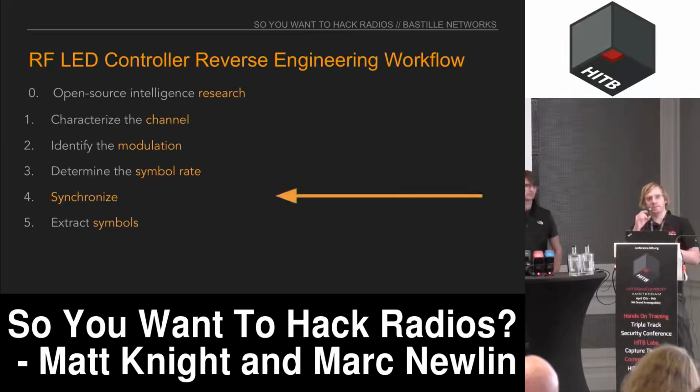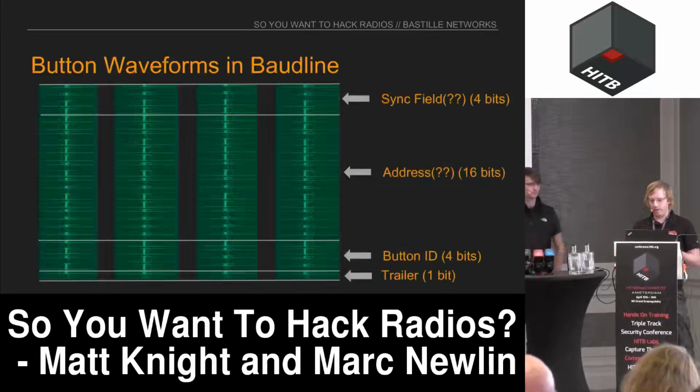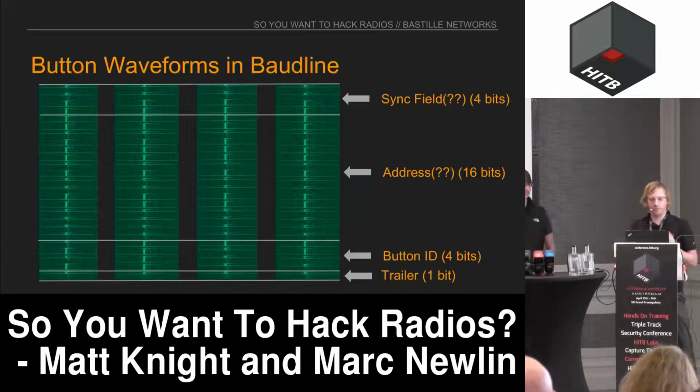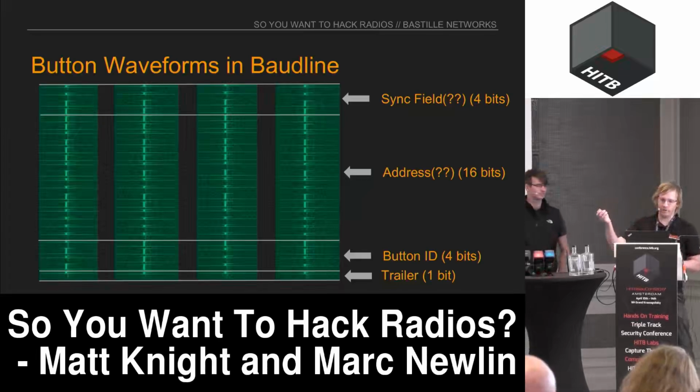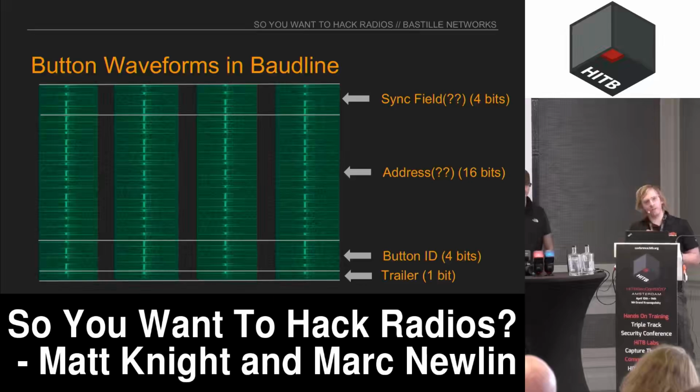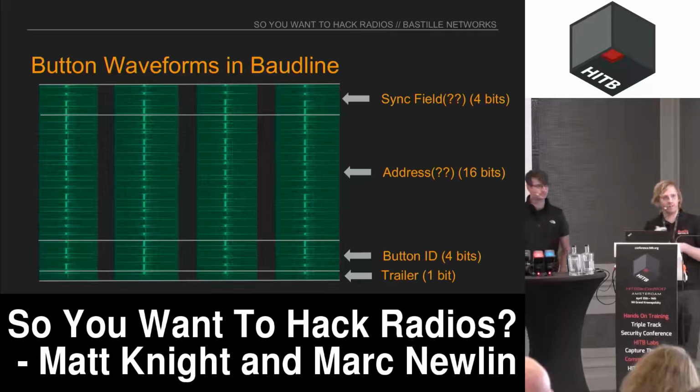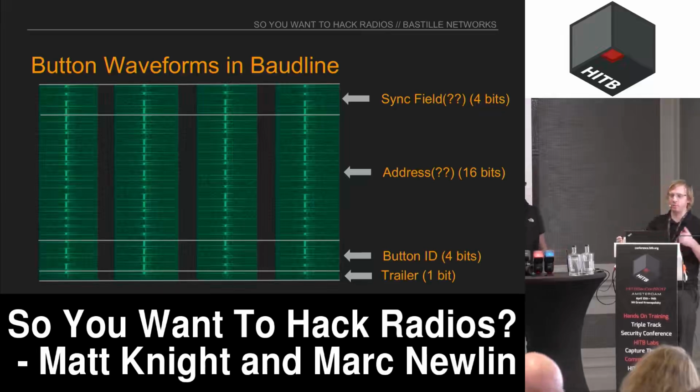We have these bits described and modulated that we can see, but we don't know what a packet actually looks like. And so I pressed some different buttons on the doorbell, 4 different buttons, or on the LED remote in this case. So the first 20 bits of each packet is the same. So I'm making an assumption here that the first 4 bits are going to be some kind of synchronization field, and the next 16 will be an address.